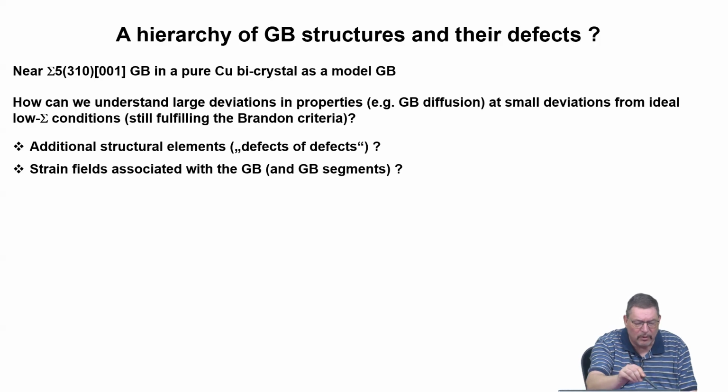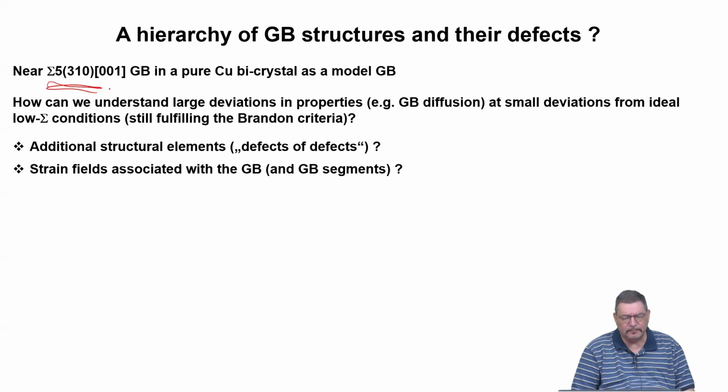As a model grain boundary, we were taking this sigma 5 (310) grain boundary. And there were deviations, as there always are if you have an experimental system. In the end, we would like to relate this also to grain boundary diffusion changes.